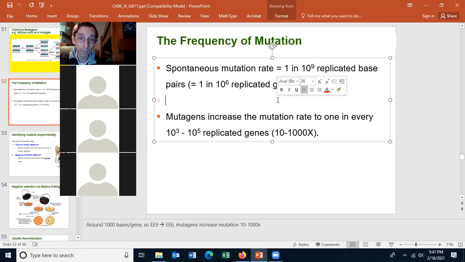But in general, the spontaneous mutation rate is one mutation in 1 times 10 to the 9th replicated bases, meaning when the DNA polymerase is copying bases, it'll make a mistake 1 in 10 to the 9th replicated bases. Any question about that?